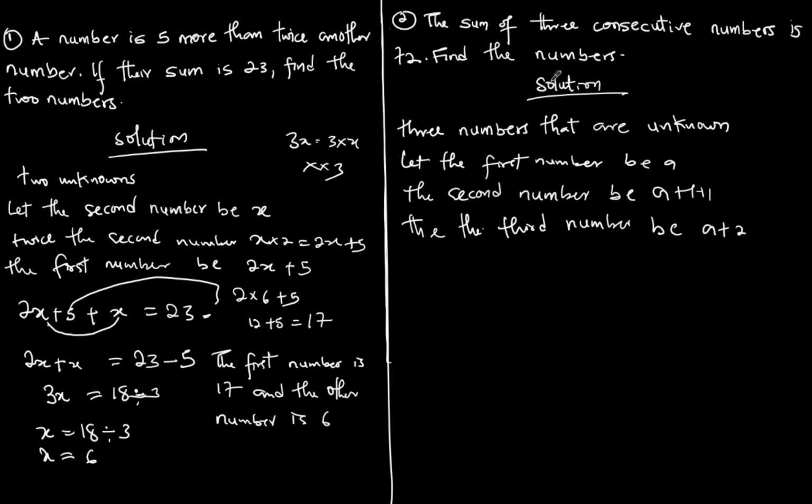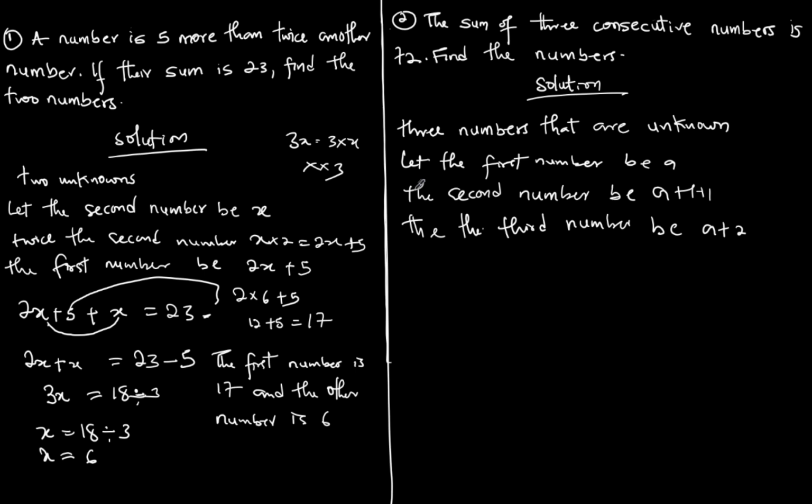The next number will then be 1 more than the first. The third number will be 1 more than the second number. The fourth number, if we are to go for up to 4, will be 1 more than the third number.